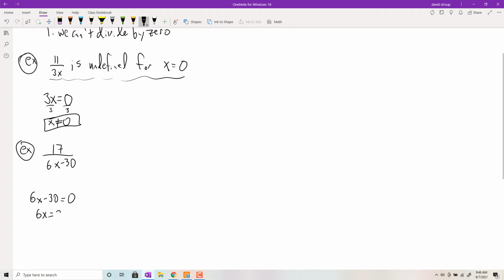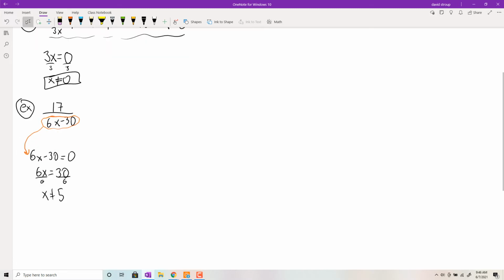So add 30 to both sides. All I'm doing is taking the denominator from the expression and setting it equal to 0. Divide both sides by 6. And it looks like x cannot be 5. So this expression is not defined for x equaling 5, but I'm just going to write it like this: x can't be 5.